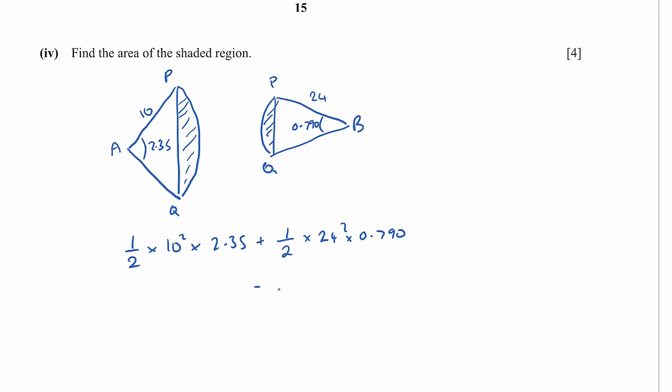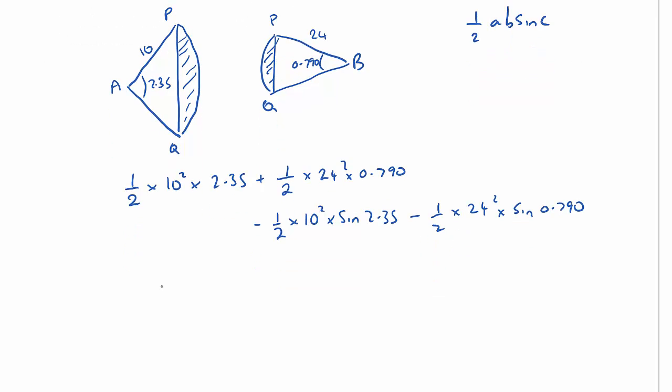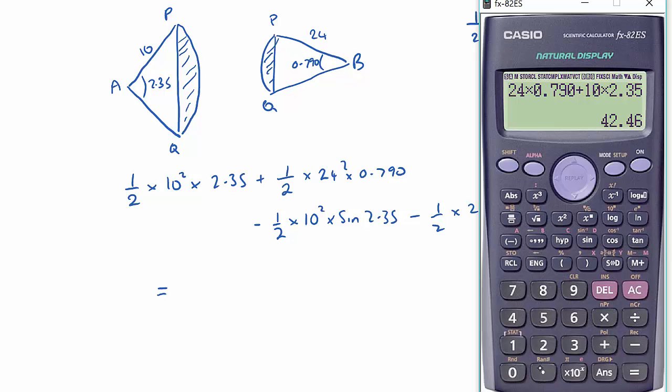So we'll use a half AB sine C, remember that formula, and so that's going to be a half times 10 times 10, 10 squared again, times sine 2.35, and take away a half times 24 squared times the sine of 0.790. And we can do that all in one go on the calculator, and that's probably the best idea.